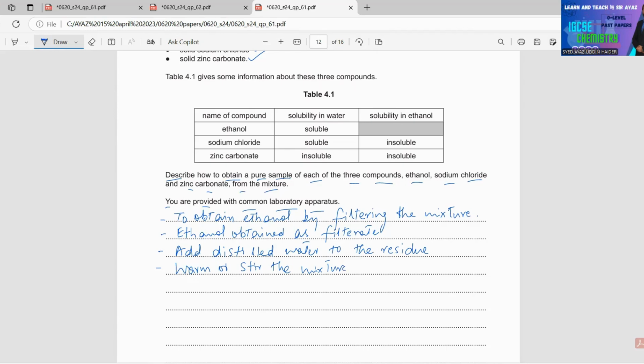Next step must be filtration. Filter to get zinc carbonate as residue.